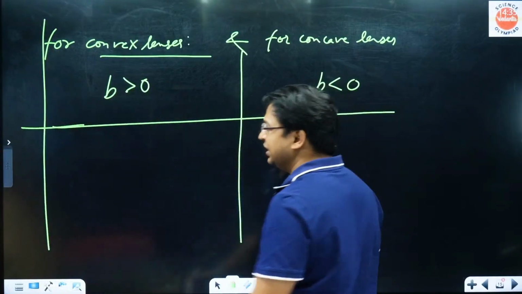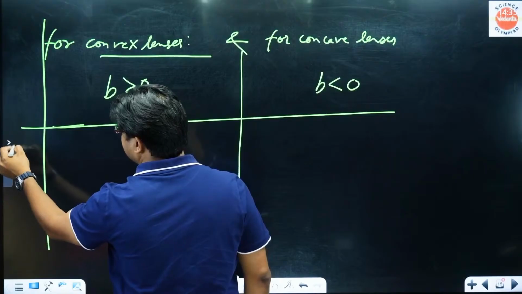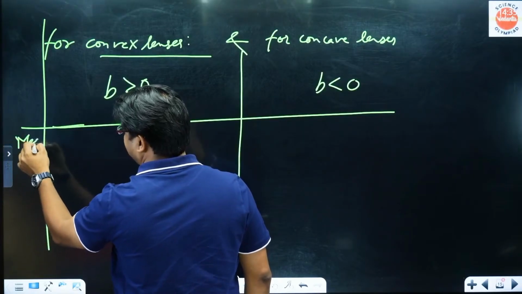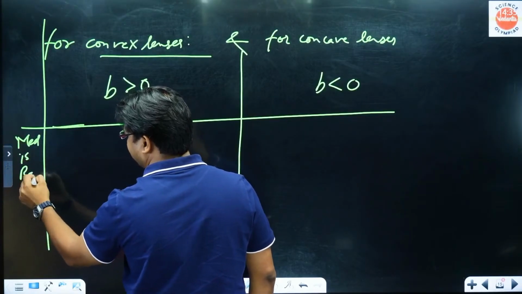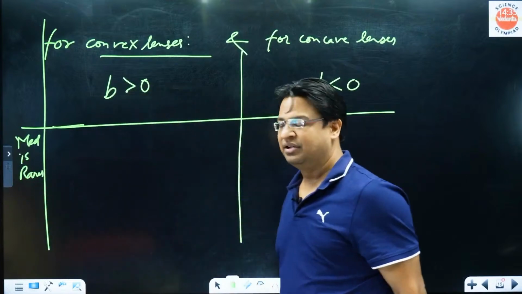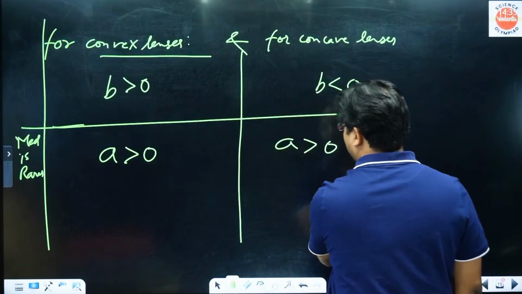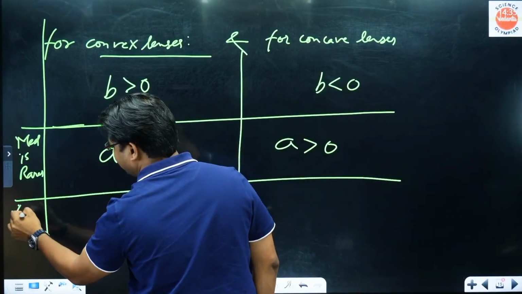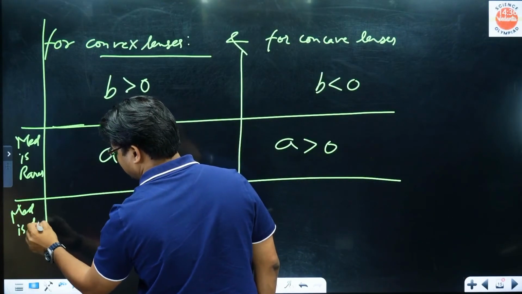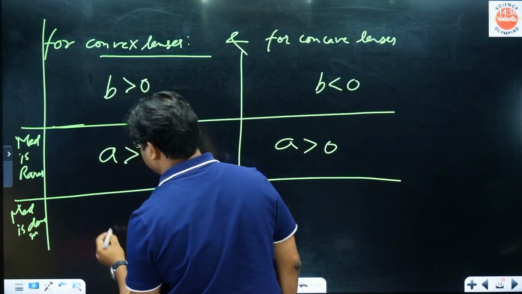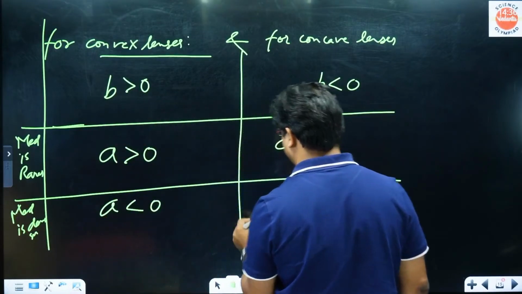Now, when the medium is rarer, for example, keeping the lens in air, A becomes positive. And when the medium is denser, A becomes negative.